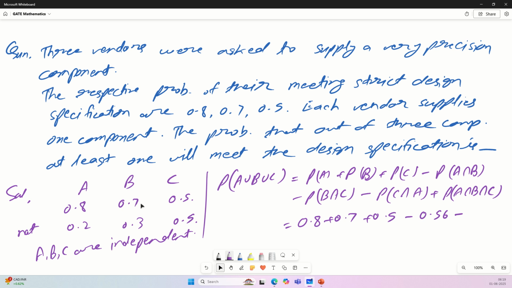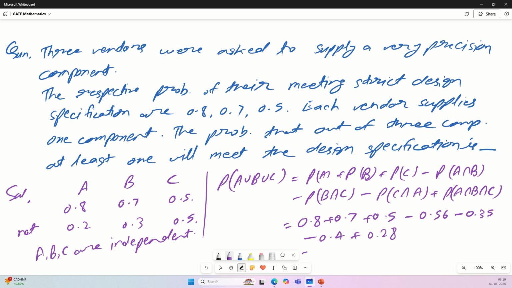BC is 0.7 into 0.5, that is 0.35, minus CA. CA is 0.8 into 0.5, that is 0.4, plus ABC, probability of A intersection B intersection C, that is going to be all these three multiplications. So that will give me 0.28.